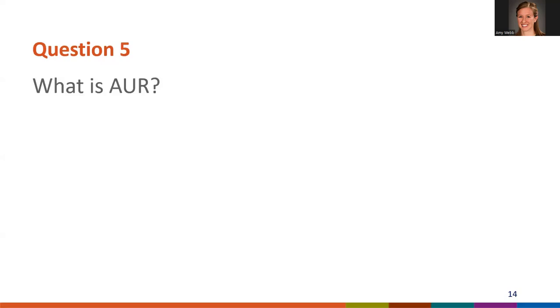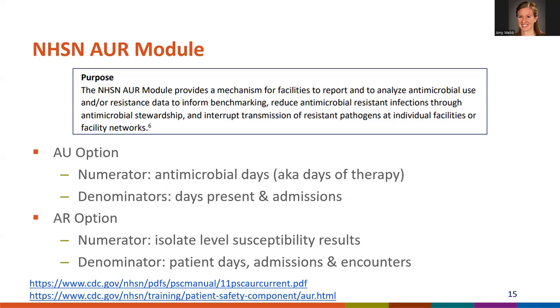Okay, so some of you may be asking, what is AUR? The AUR module provides a mechanism for facilities to report and analyze their antimicrobial use and resistance data to inform their benchmarking, reduce their antimicrobial resistant infections through stewardship, and interrupt transmission of resistant pathogens at your facility or facility networks.